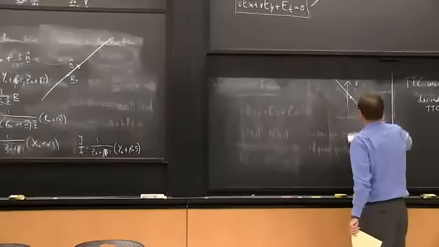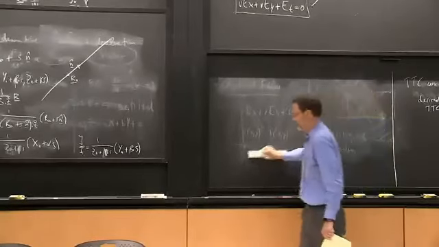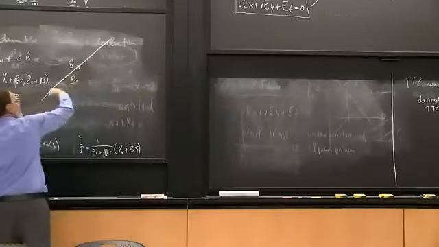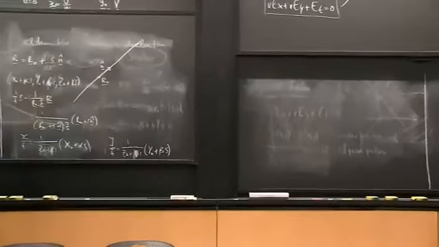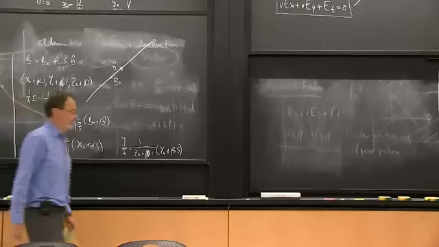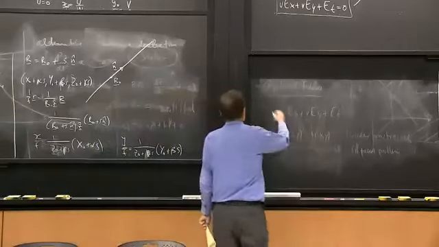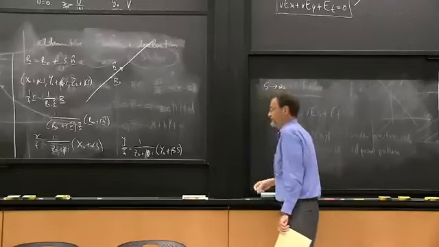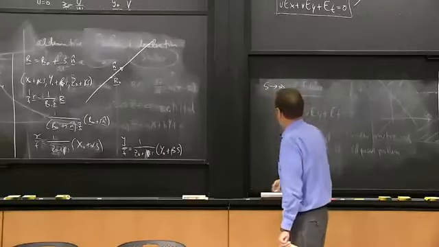And so S is a parameter that varies along the line. So different points on the line have different values of S. And if that's a unit vector, then S is actually a measure of length along there. So that's what, because of that division by Z, it's kind of messy. But one thing that's interesting to do is to look at what happens when we go very far along the line, right?